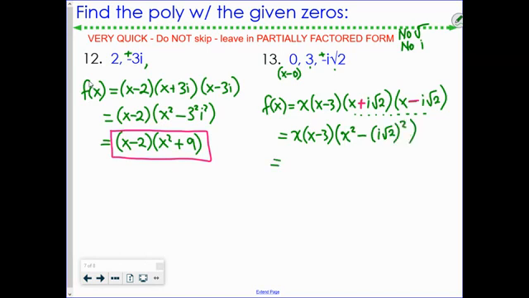So this would be x minus 3, x squared. Think about minus, you've got i squared and root 2 squared, and you're subtracting it. So you're subtracting negative 1 times 2. You're adding 2.